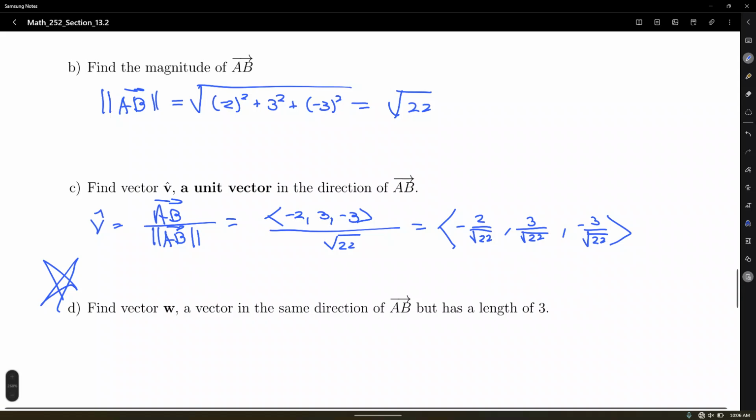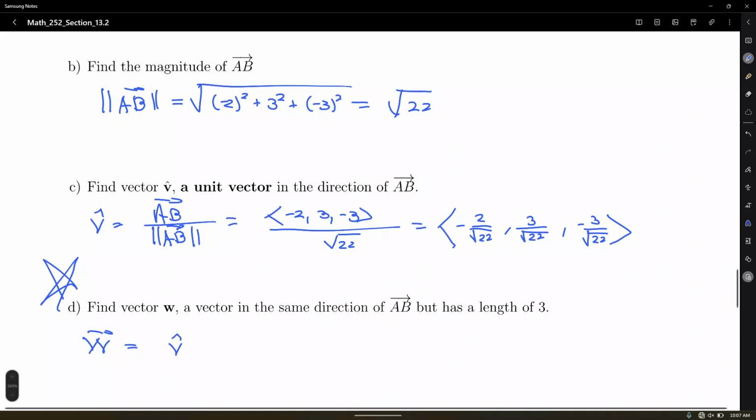To solve a problem like this, first we need to come up with a unit vector. Once you get a unit vector, multiply by whatever number you want, in this case by 3, to ensure that vector has a magnitude of 3. So that means w is in the same direction as AB, that is, as a unit vector, and simply multiply by 3.